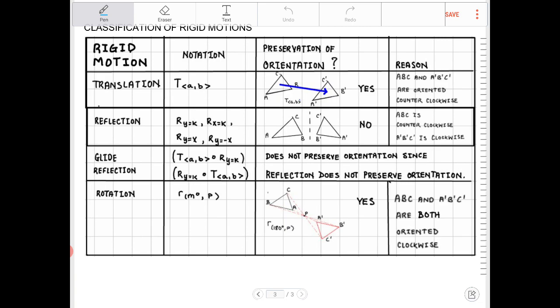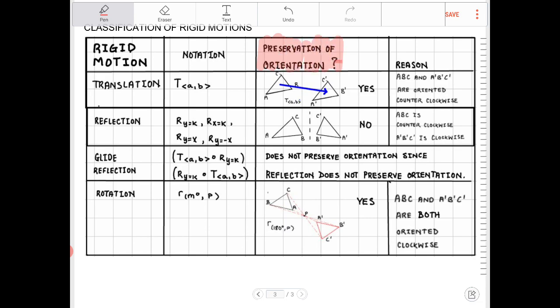The only rigid motion that is different from the others here is the reflection. Whenever you're performing a reflection, the orientation changes. What I'm referring to right now is the middle column: is orientation preserved?